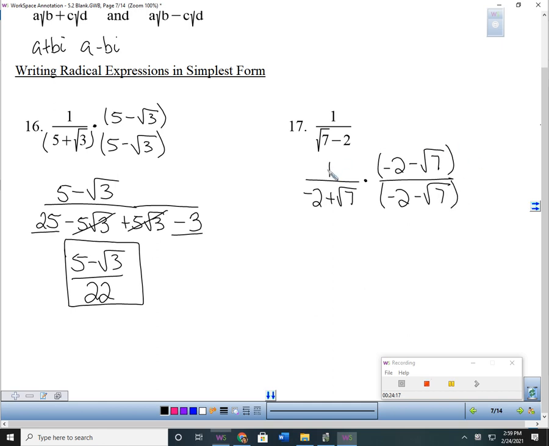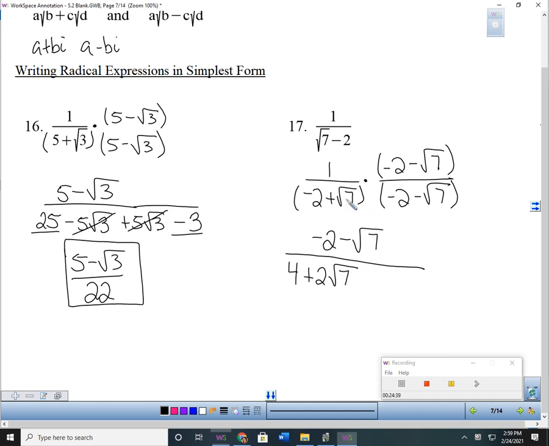So on top, 1 times all of that would be all of that that's on the top. On the bottom, we'll multiply that. So negative 2 times negative 2 is 4. Negative 2 times a negative square root of 7 is a positive 2 square root of 7.